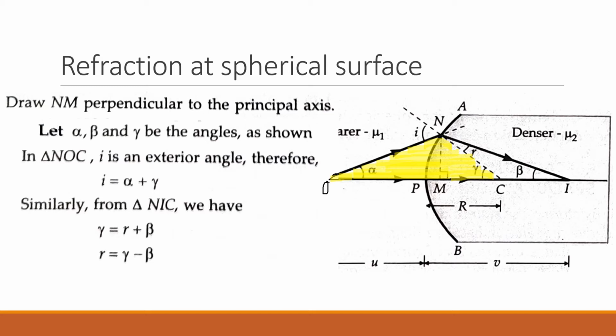Now in this yellow triangle, this angle i is an exterior angle. So from the exterior angle theorem we know the exterior angle equals the sum of the two interior opposite angles. The angles opposite to this exterior angle are this angle, your alpha, and this angle, your gamma. So i equals the sum of alpha plus gamma.